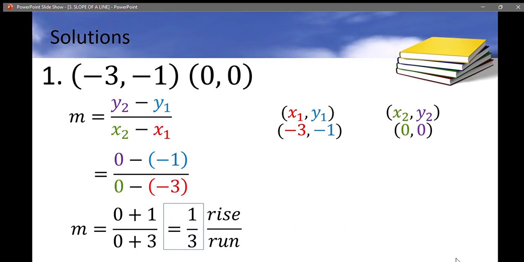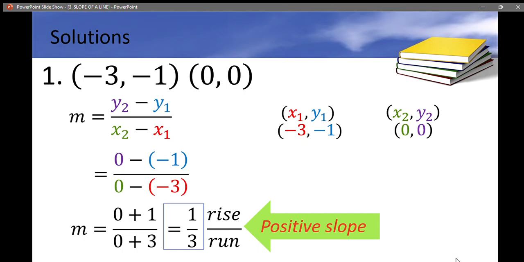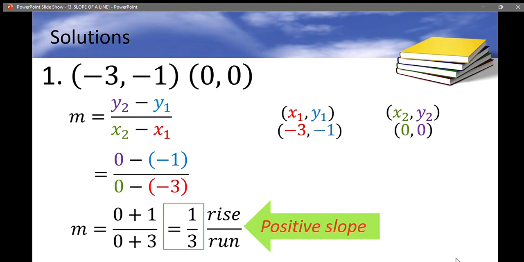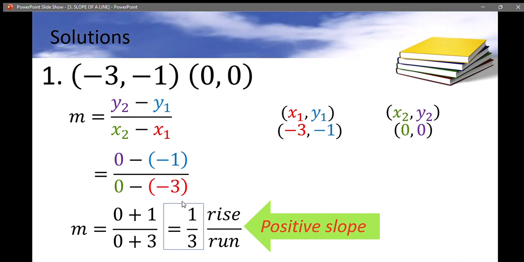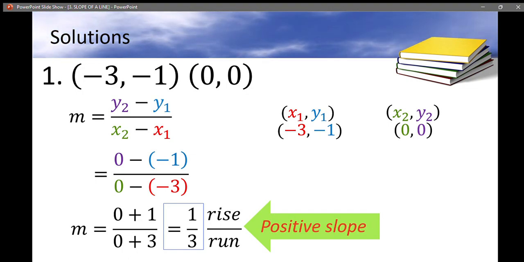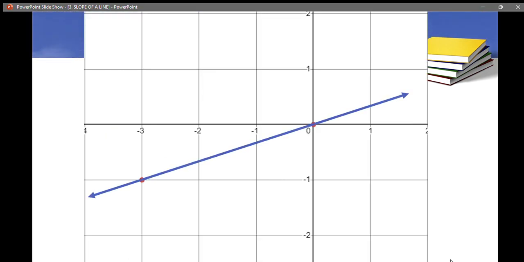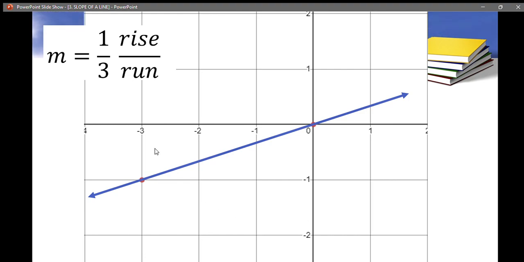Then let us illustrate it on our graph. But before that, in number 1, we got a positive slope. So let us illustrate. We have the first point, negative 3 and negative 1, and then 0, 0 for the second point.